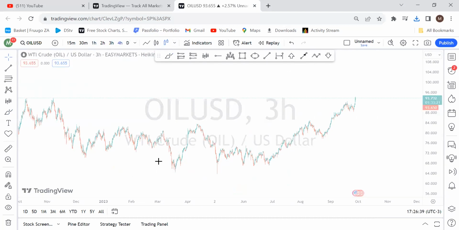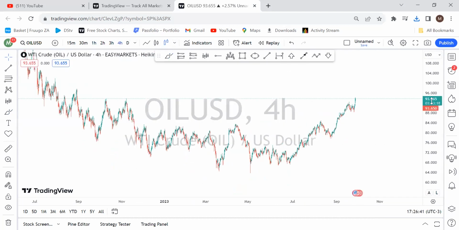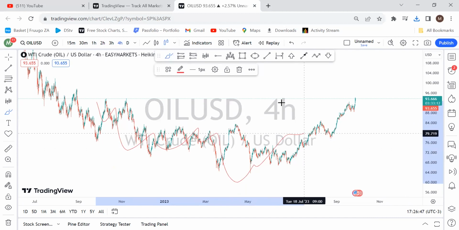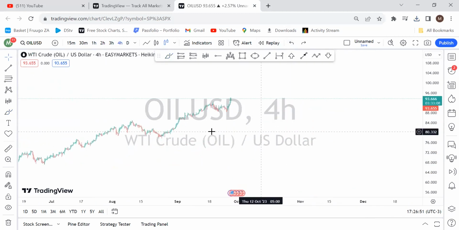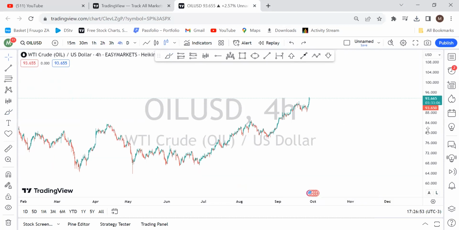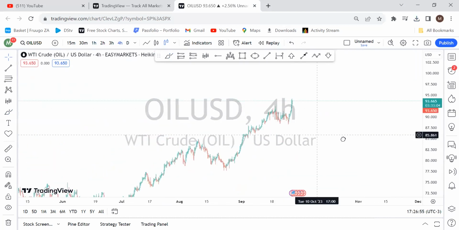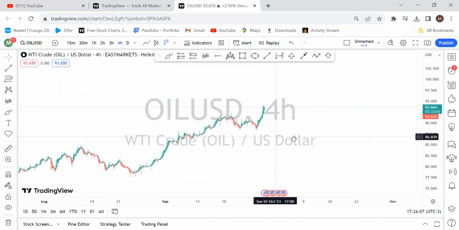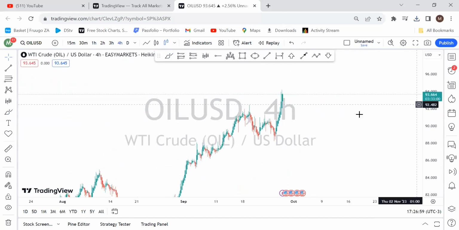Okay, let me go up to the 4-hour time frame. So with this one, it's really choppy. It's going sideways a lot. So our structures might not really be that effective.